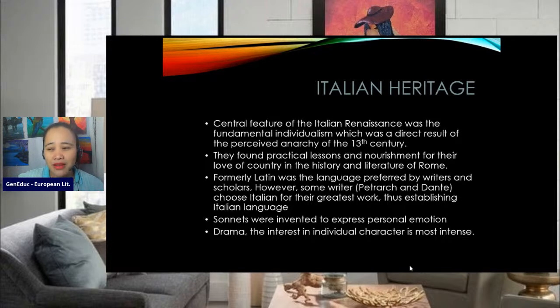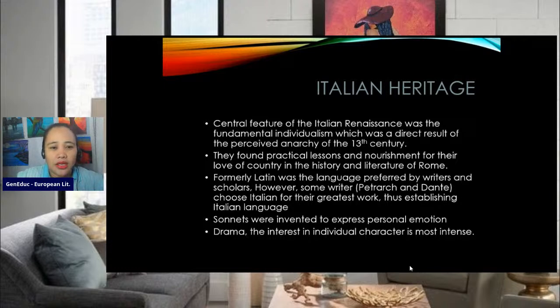That is something we are going to appreciate when we read one of their literary compositions, because they have love of country. They have the love for humanity and the love for the nation.